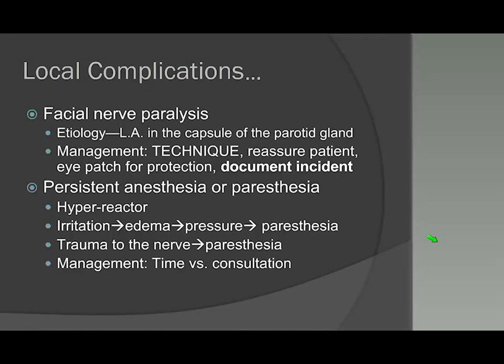Facial nerve paralysis and persistent anesthesia are both fairly common. The persistent anesthesia is most often associated with stronger concentrations like 4% solutions, but it can be seen with any concentration solution if there's direct trauma to the mandibular nerve.